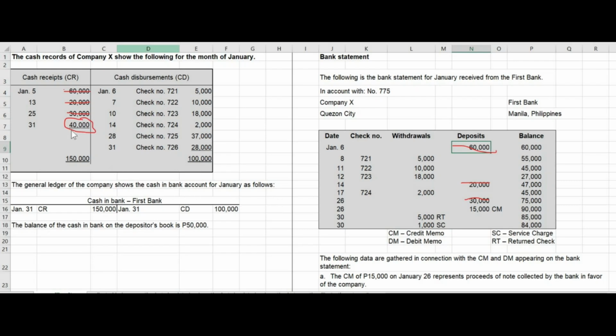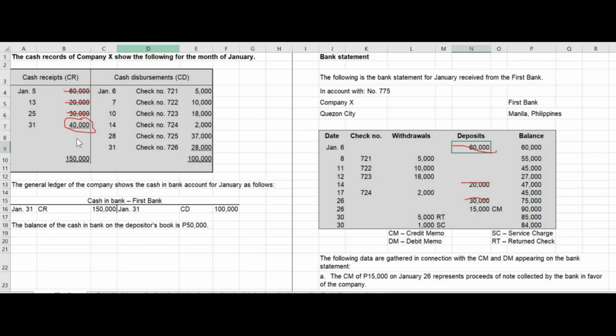So, check na lang natin, anong klaseng reconciling item ito? So, itong 40,000 na to, is it a book reconciling item or a bank reconciling item? Yes, this is a bank reconciling item.